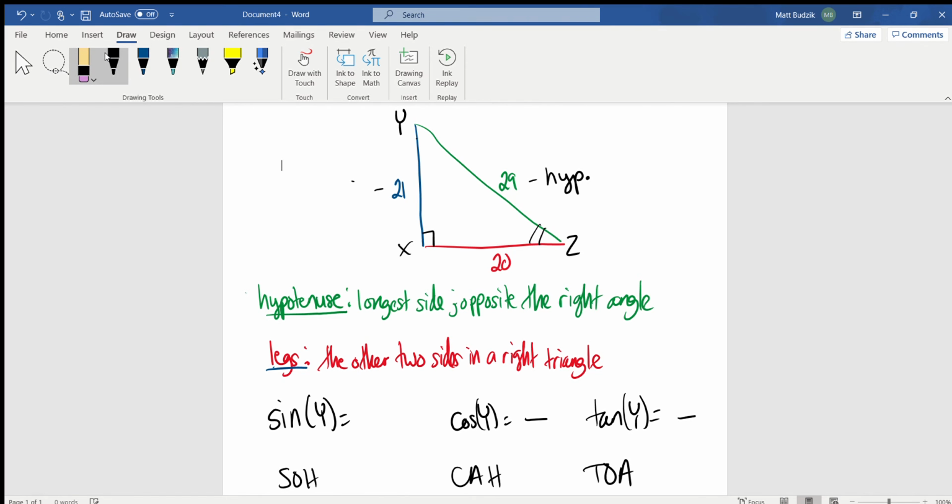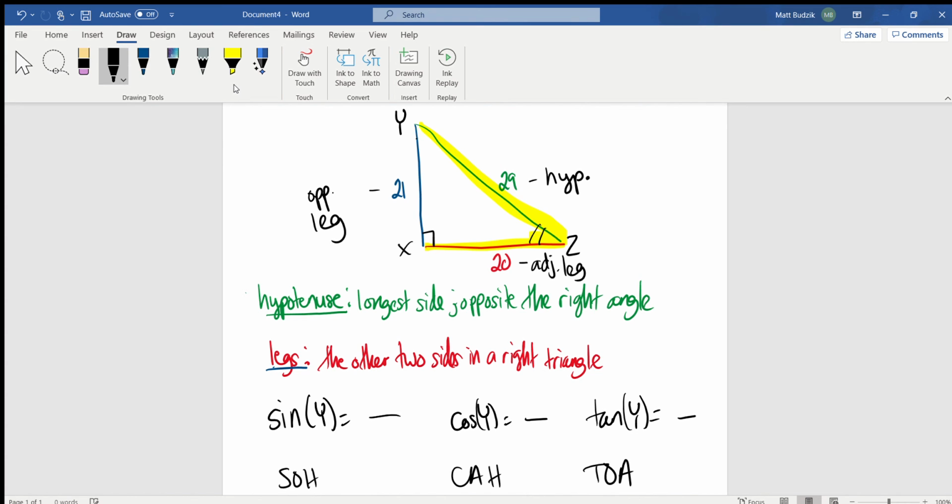That's not going to change. But these legs actually end up trading spots. Angle Z is made up of segment YZ and XZ. So looking at angle Z, XZ, the length of 20, this is my adjacent leg. And then 21, that's my opposite leg.